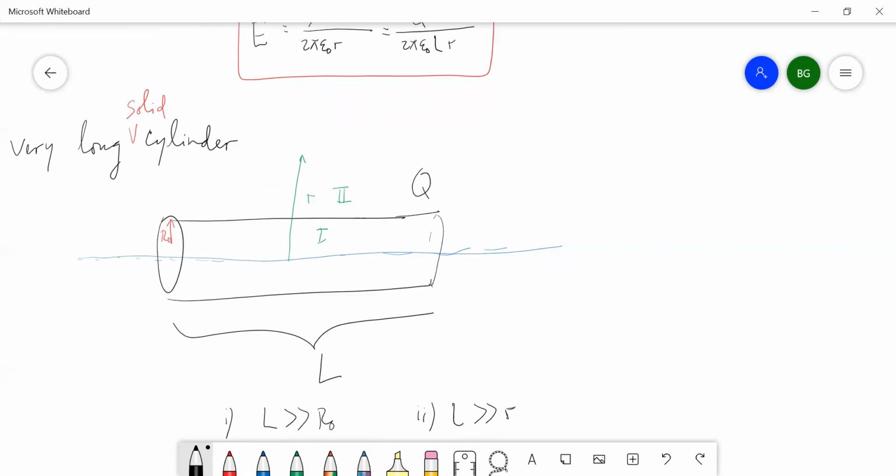And we have the volume charge density, which is Q over pi capital R squared L.